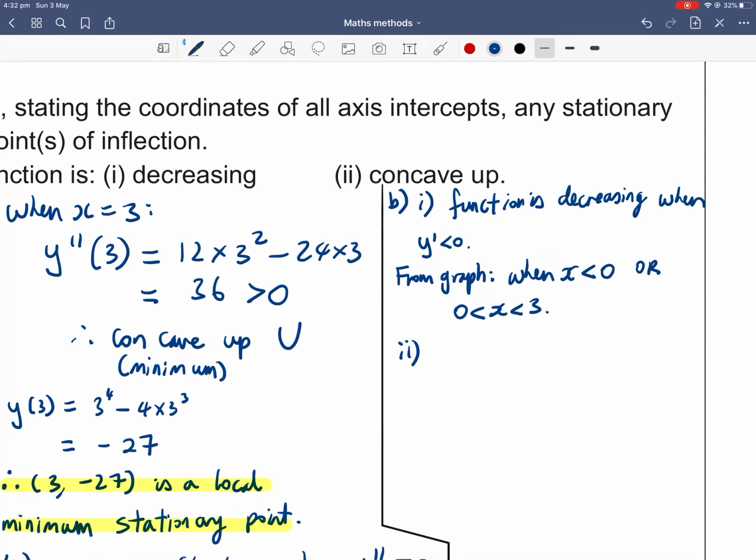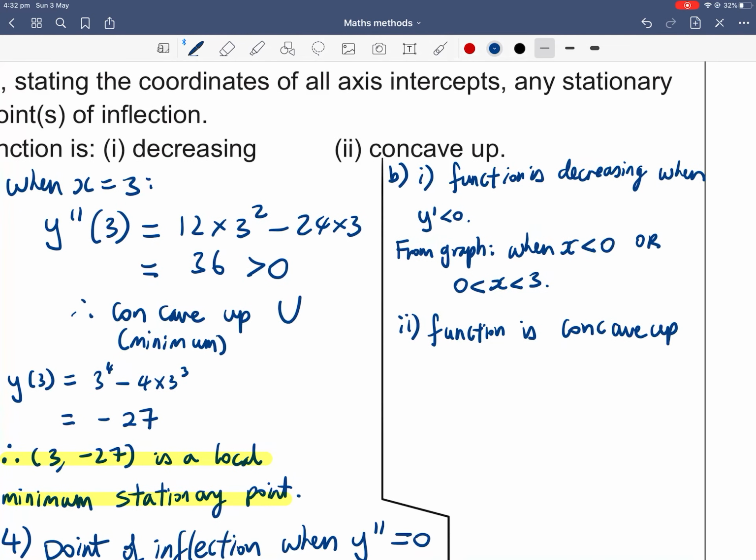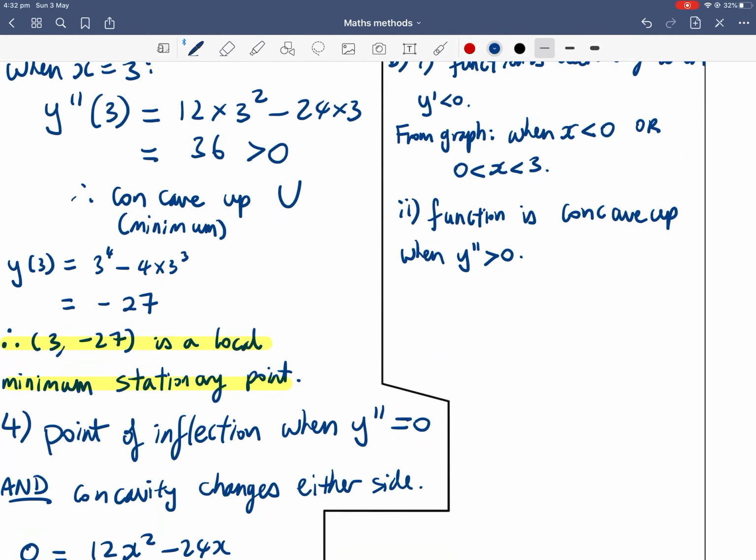Now, part 2, when is the function concave up? Well, what's the definition? So function is concave up when your y dash dash is positive.